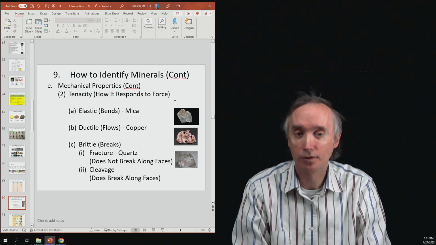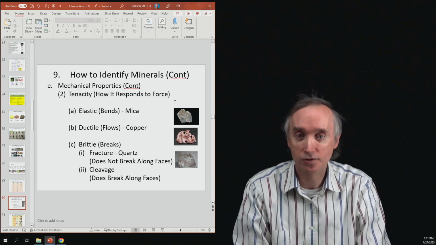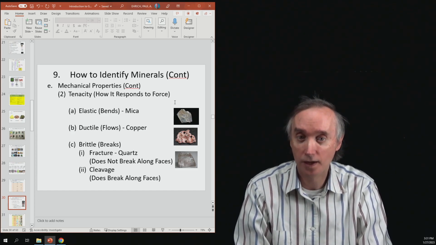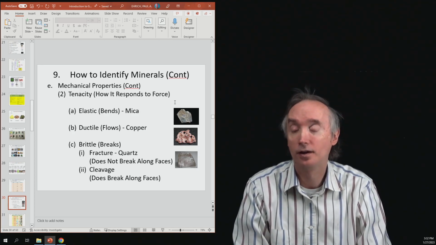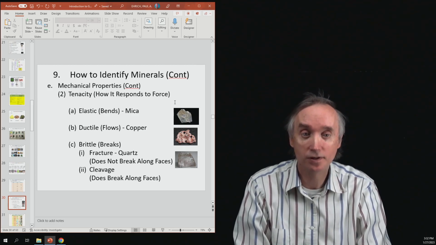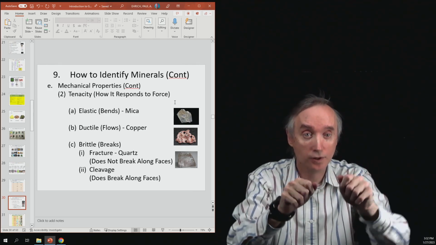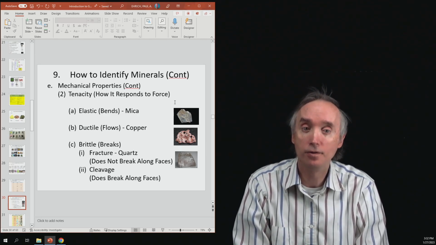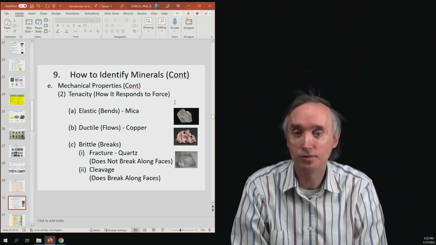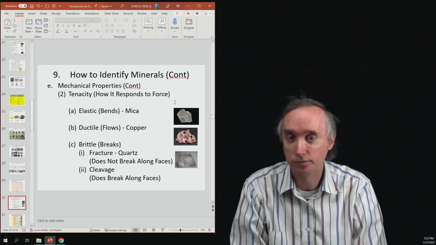There are some minerals that when you apply a force to them, they will begin to flow like a liquid. And so an example of that is copper. And this is the reason why you can take a piece of copper and you can bend a wire with it and you can use it in that way. But other minerals, if you apply a force to them, they're going to break.